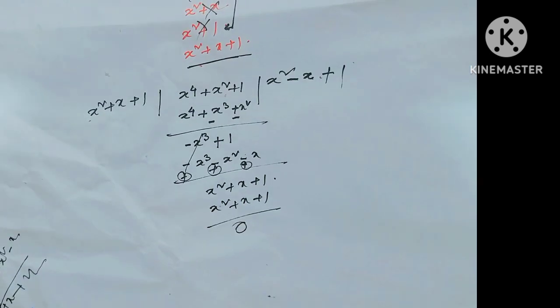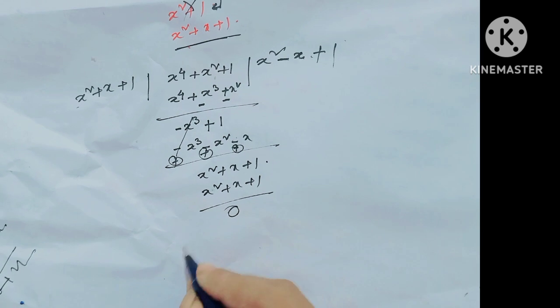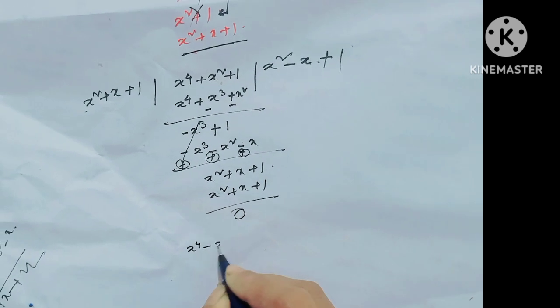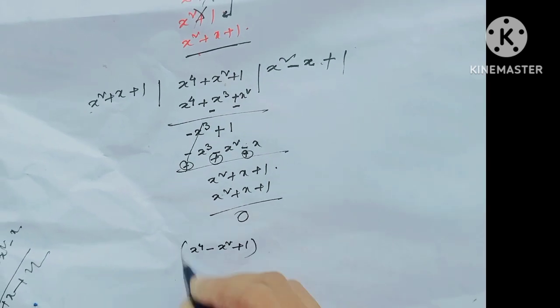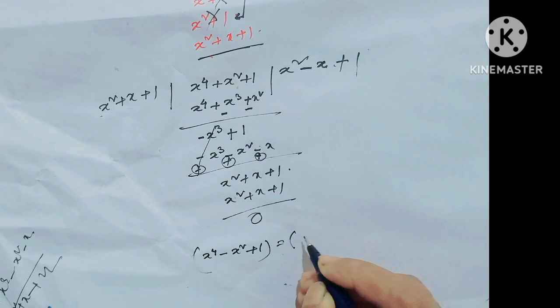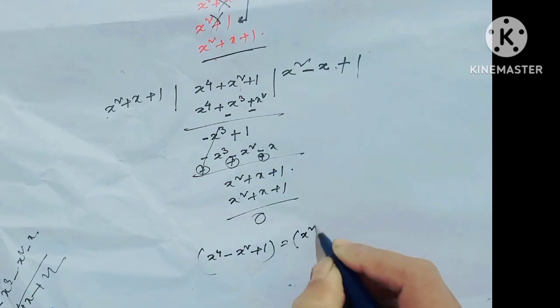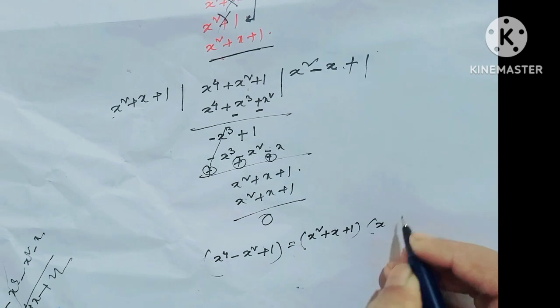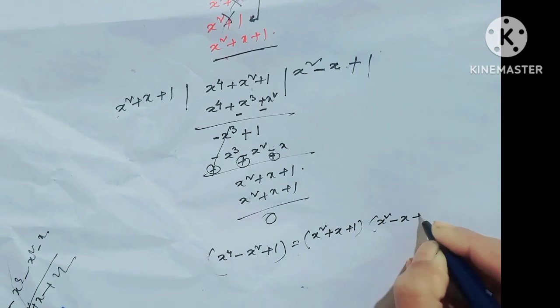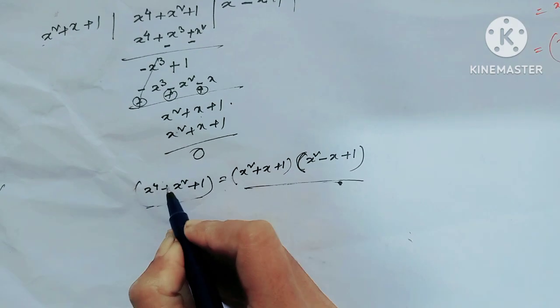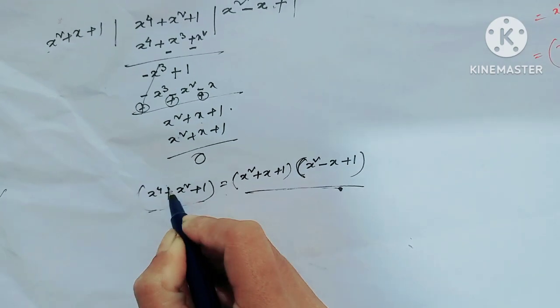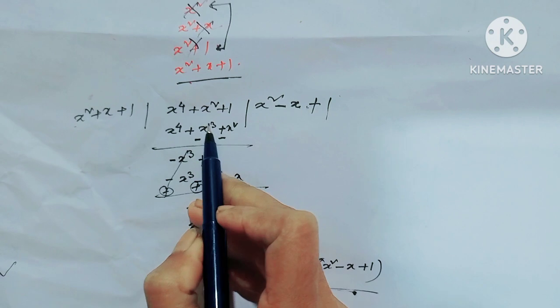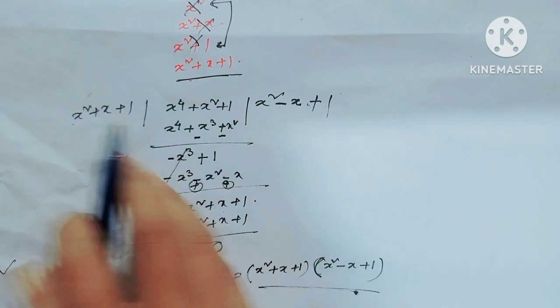So obviously we can write x^4 + x^2 + 1 as a product of these two polynomials, (x^2 + x + 1) times (x^2 - x + 1). Sorry, here not minus, here plus. Here x^4 + x^2 + 1.